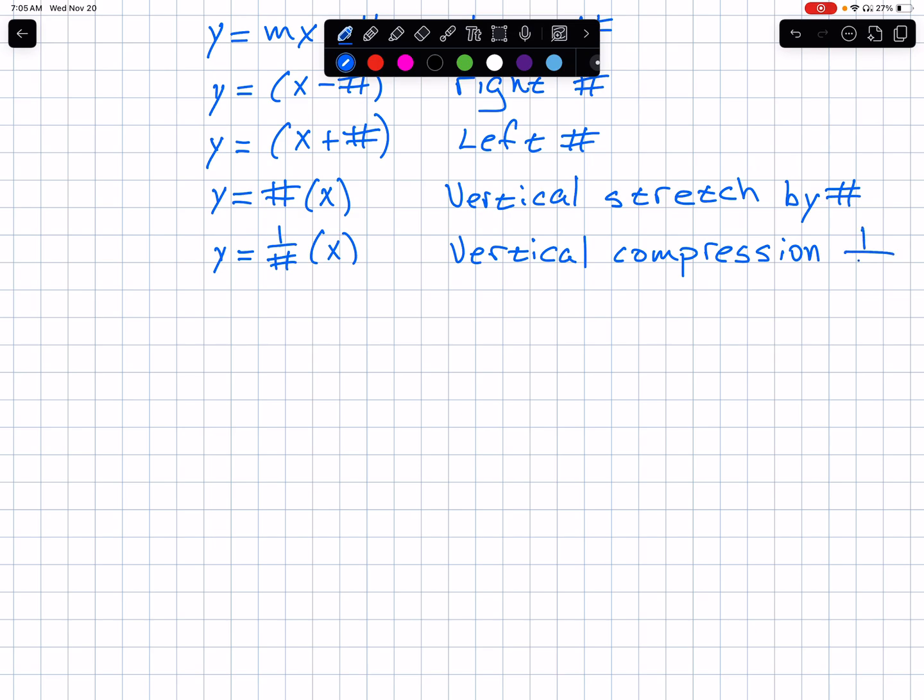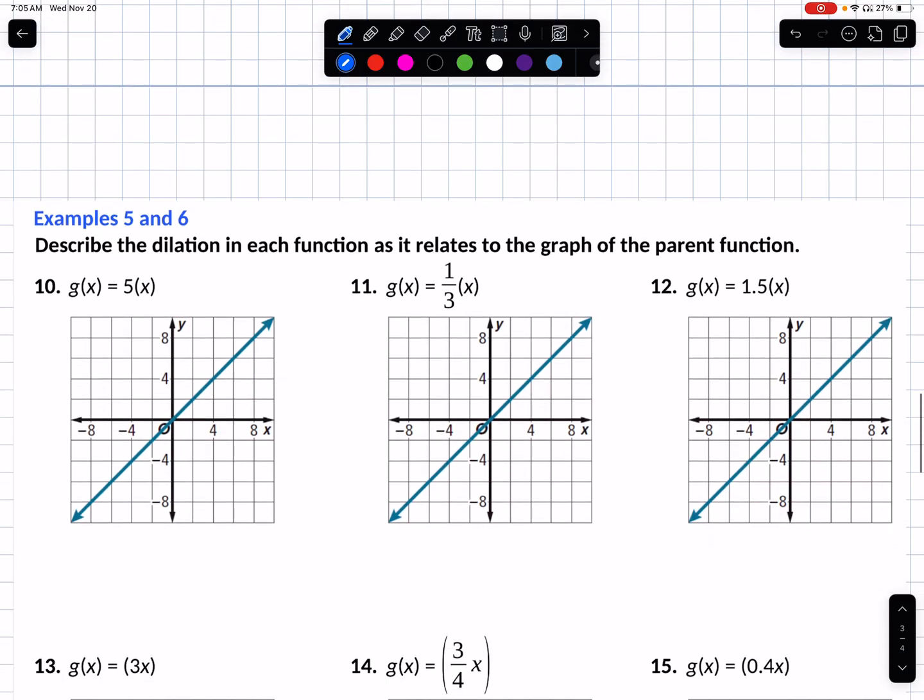By 1 over whatever that number is. Okay, so if we look at this graph here, instead of going up 1 unit to the right 1 unit, we're going to go up 5 units to the right 1 unit, and then up 5 units again to the right 1 unit. So that graph's going to go up way steeper.